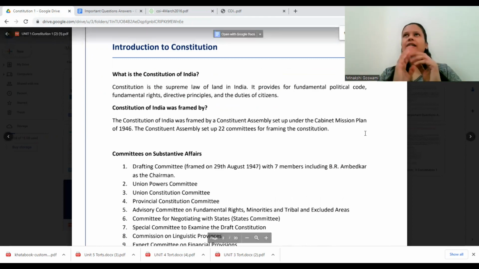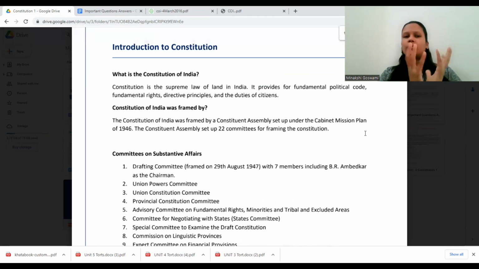When it was decided that India will get independence, if everything was taken care of by the Britishers, all of a sudden, if all the powers are given to Indian leadership, it might create confusion, because they don't have any experience. So Cabinet Mission Plan was set up under which it was decided how powers would be transferred to Indian leadership in an organized way.